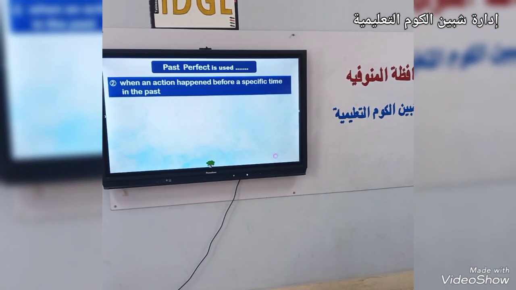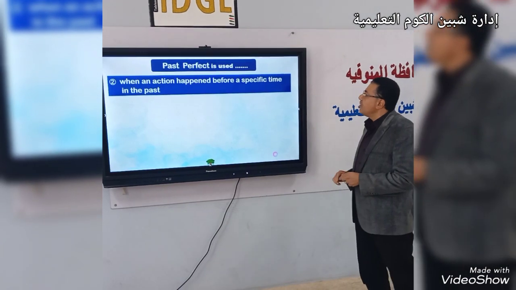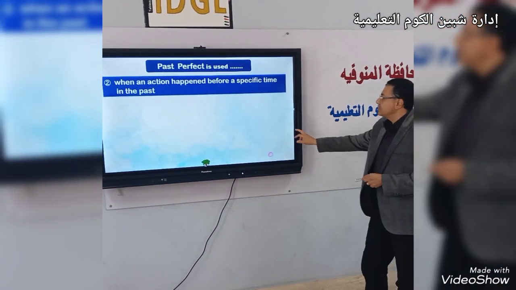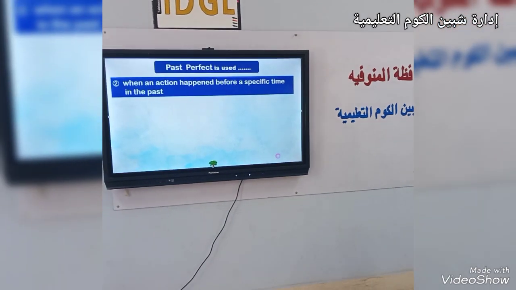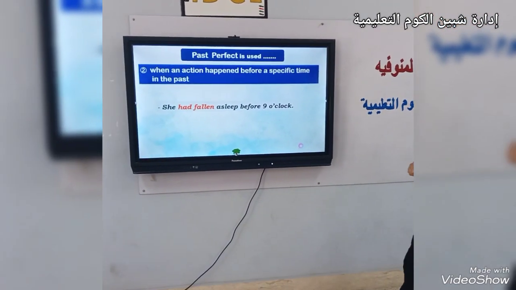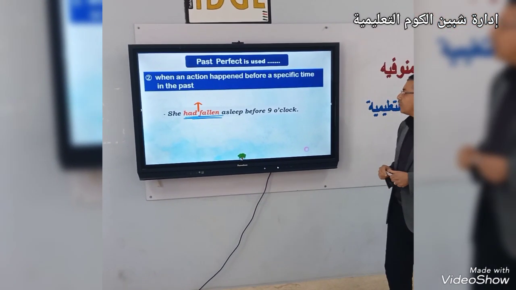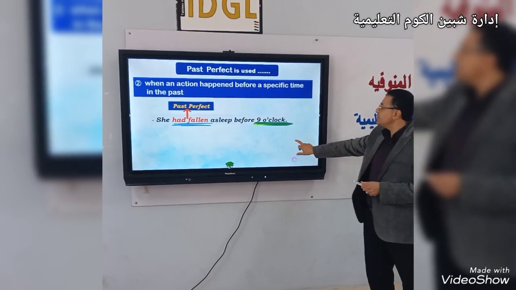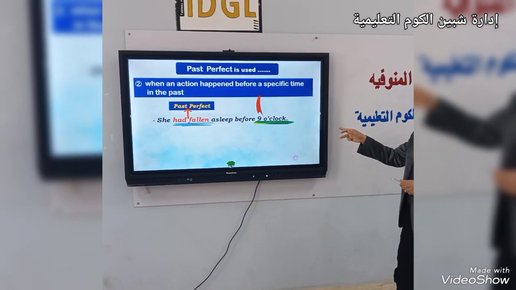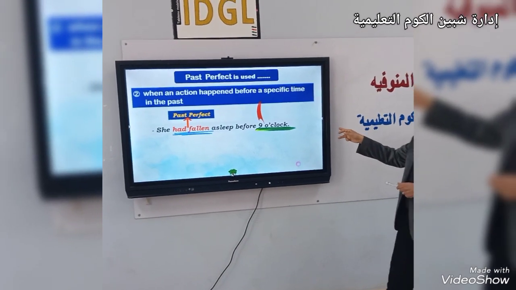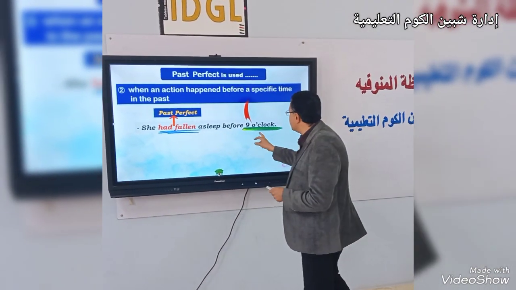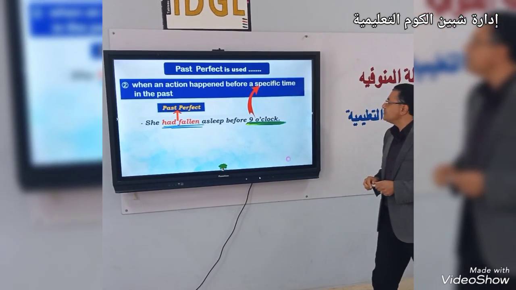Past perfect is used when an action happened before a specific time in the past. Like, she had fallen asleep before 9 o'clock. Had fallen asleep is the first action, and this is a specific period of time, before 9 o'clock or by 9 o'clock.